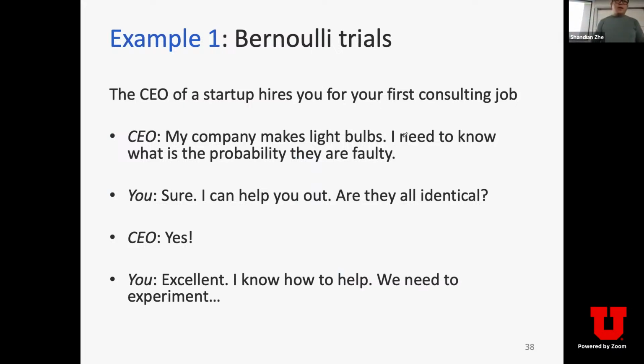Suppose you are hired by a CEO from a startup to do your first consulting job. And the CEO asks you a question: my company makes light bulbs, and I need to know what is the probability they are faulty so that I can optimize my manufacturing and dispatching procedure.